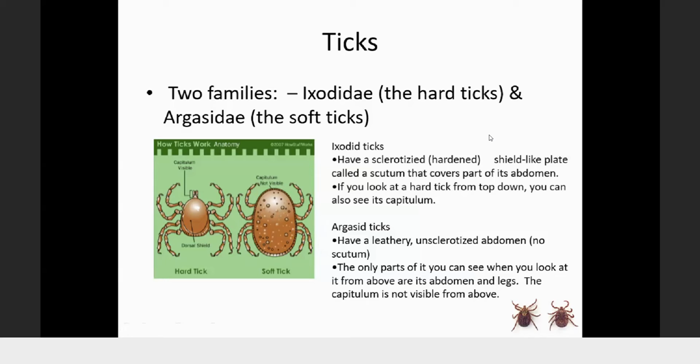They are softer when you touch them. It's actually really hard to see the mouth parts of Argasid because they are covered by the body. But if you turn it upside down, you can see the mouth parts. So that's the general difference between hard ticks and soft ticks.